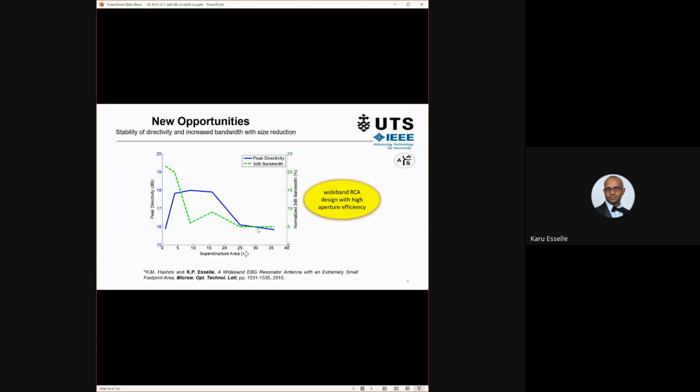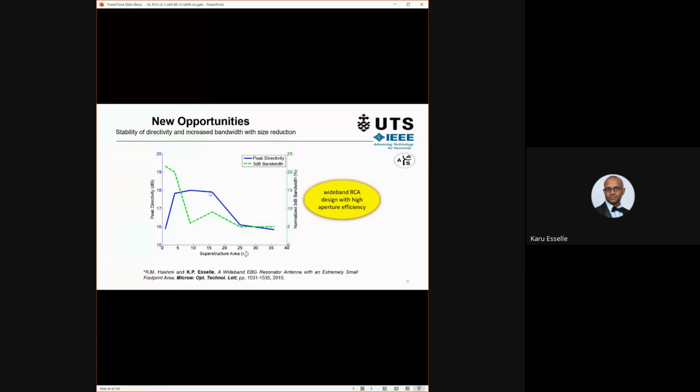It is something quite unusual in antennas. See what happens when you make this antenna. This is a particular type. When we make the superstructure area smaller, starting from very large, like 36 lambda naught square, we are making it smaller and smaller, and we look at the peak directivity. We get pretty good directivity from antennas of this size.